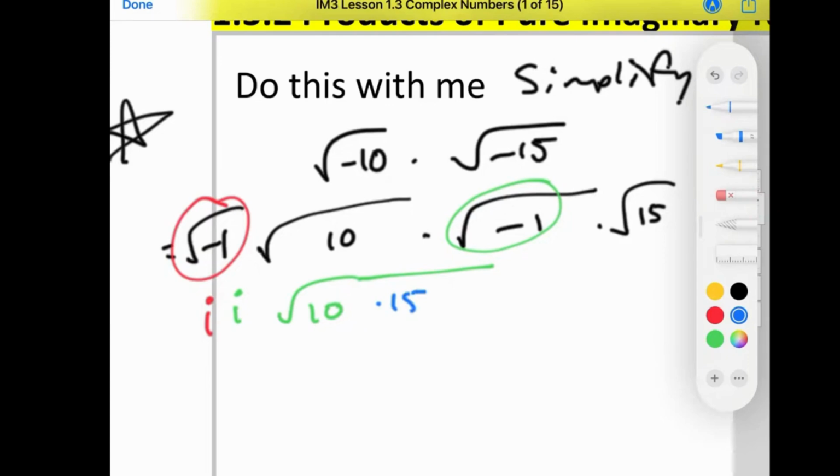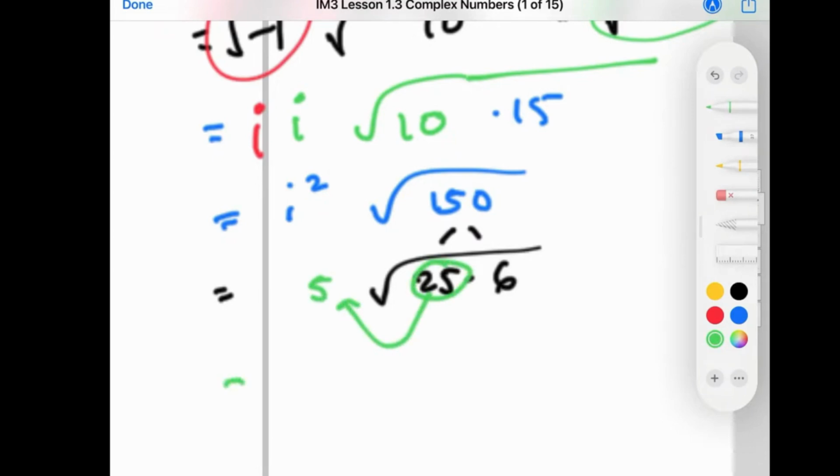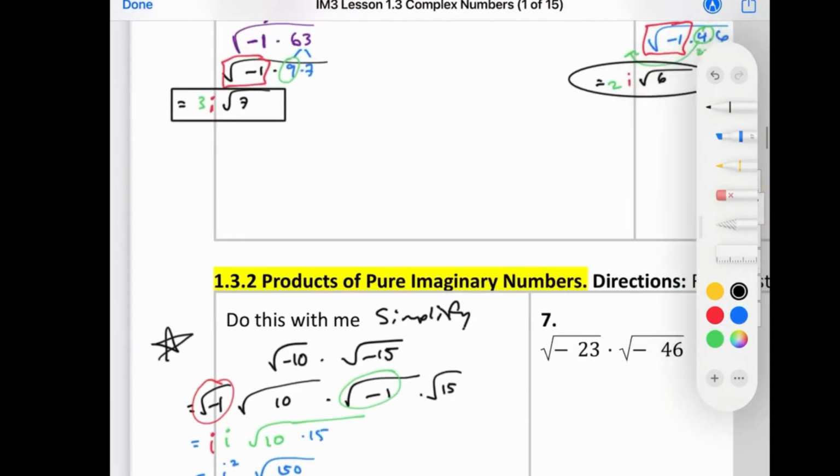Okay, so what can we do here? I get i squared is 150. I think of quarters. Let's do 25, because the square root of 25 is what? 5. So this is going to give me, okay, now we have to go back here.